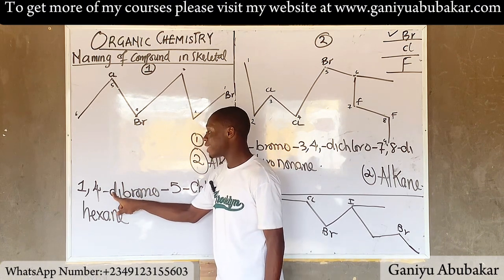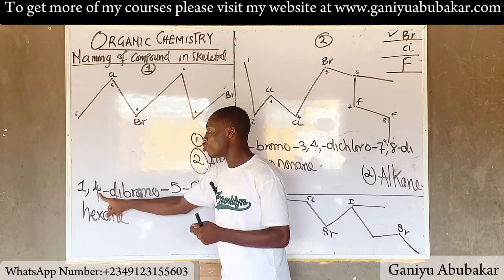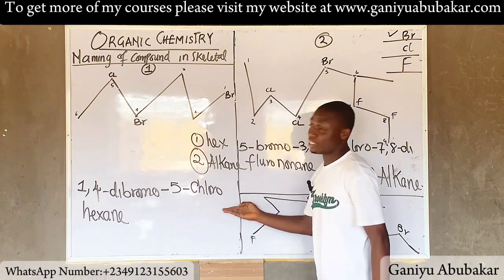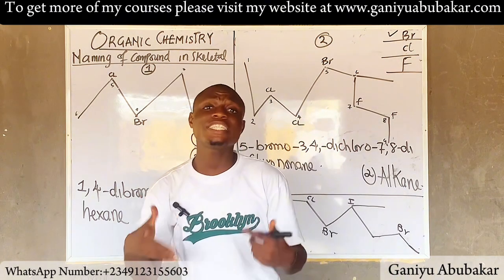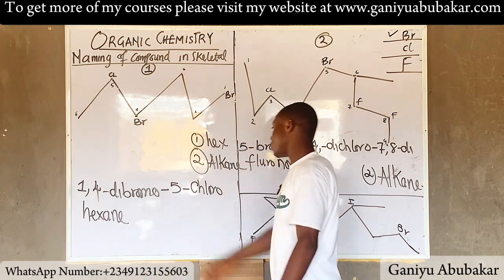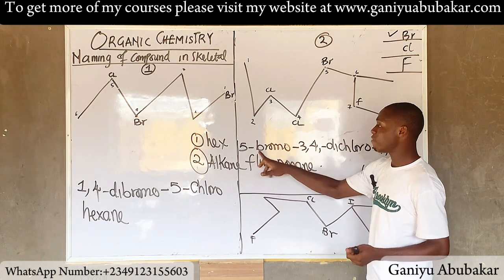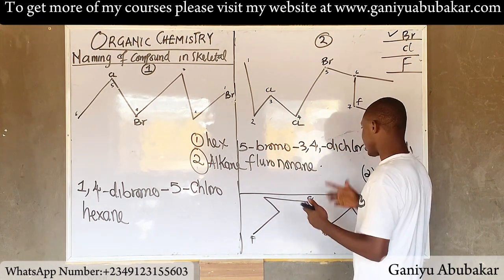I didn't start my letters with a capital letter. You start a letter in between numbers and hyphens with a small letter. Very important. It's one thing to know how to name, it's another thing to know how to write the name of a compound correctly. This is how you write the name of an organic compound.